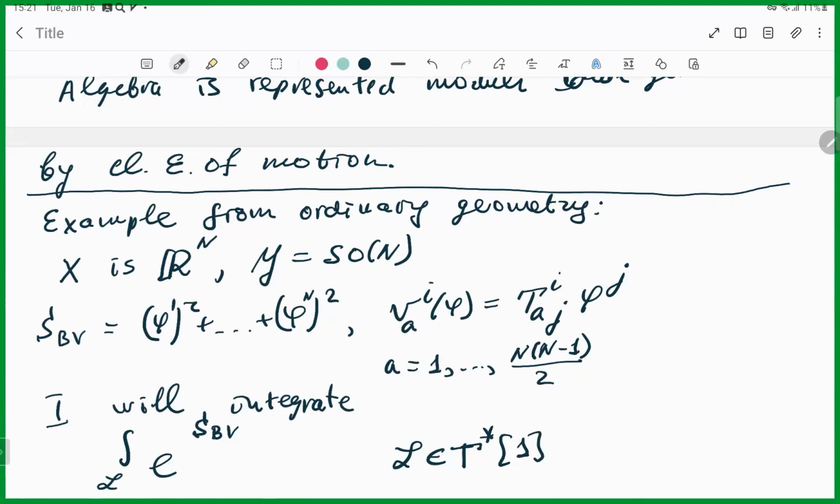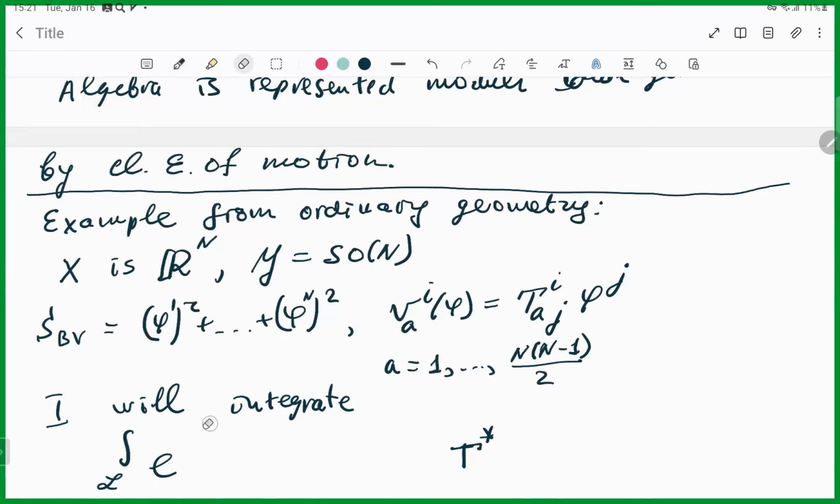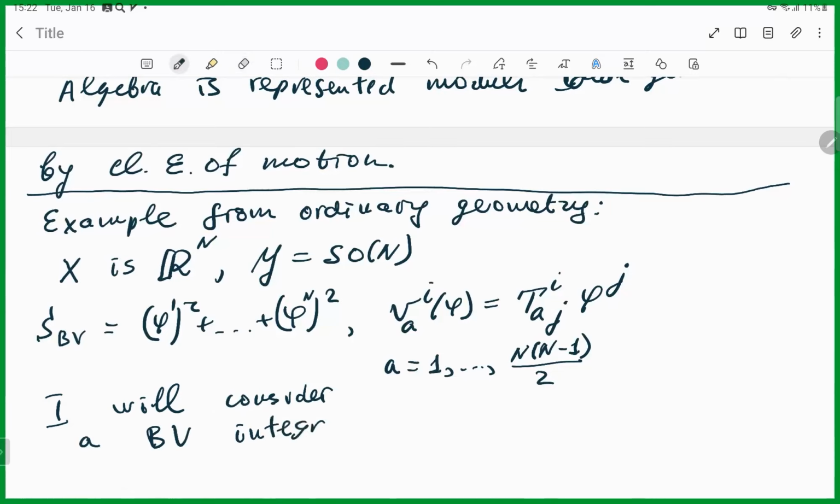I will consider a BV integral in the following settings.